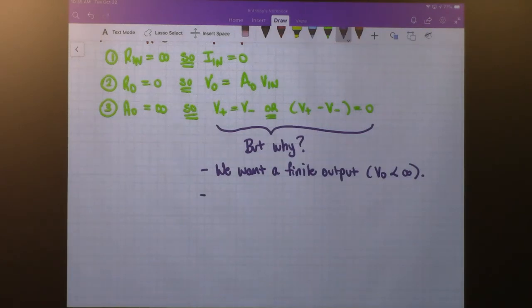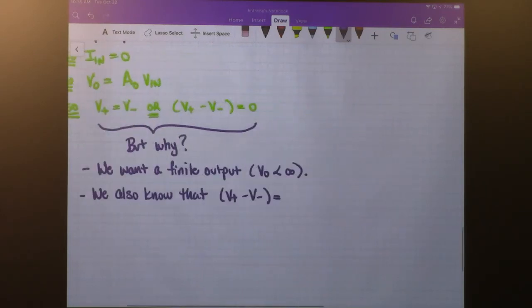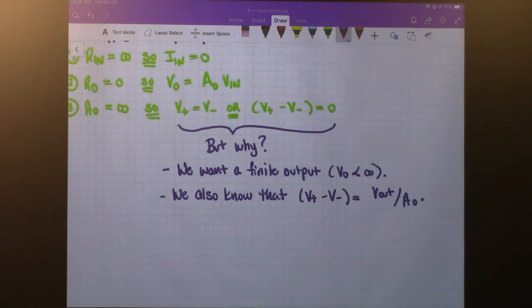So we want a finite output. We also know that V plus minus V minus is equal to V out divided by A naught. Right? That's one of the fundamental expressions for the op-amp.